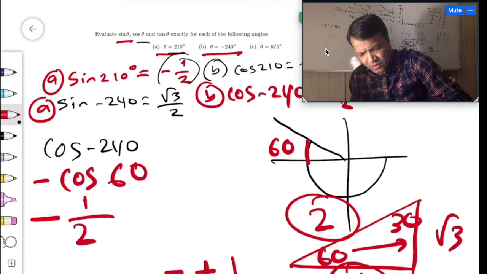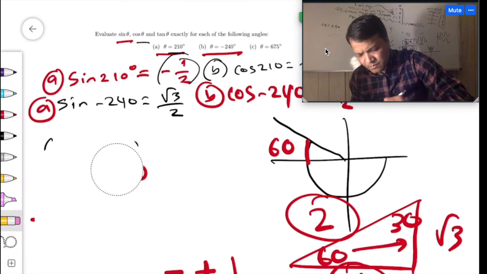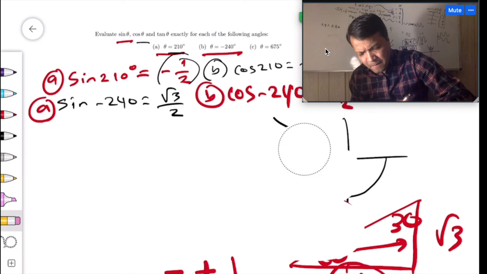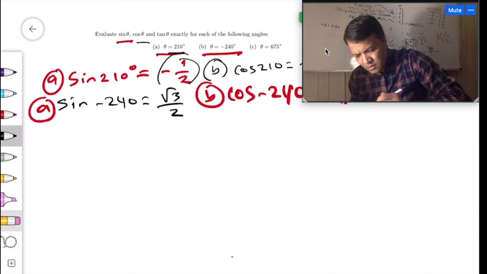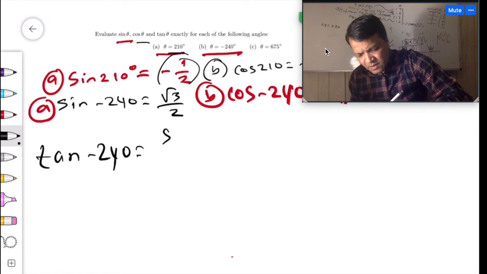Alright, now we're going to do d, which is tangent. So tangent negative 240 is equal to sine negative 240 over cosine negative 240.